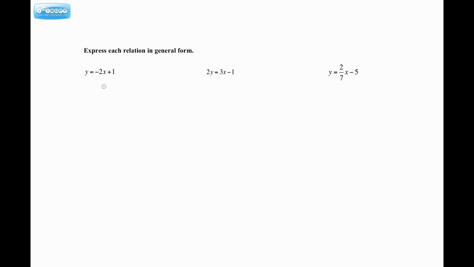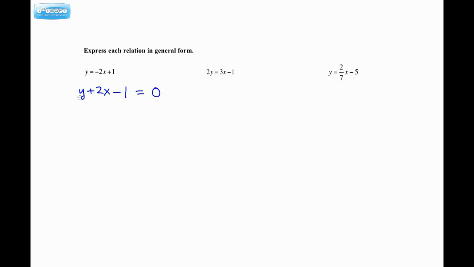In this case, I'm actually not going to show that, just the result. Remember, I have to add 2x to both sides, so that's going to be y plus 2x. But I also said I had to subtract 1 from both sides, equals. And of course, after I do that, there's nothing left. We're actually done.